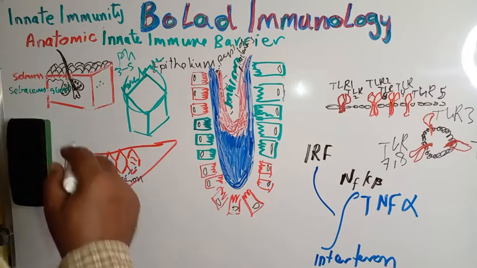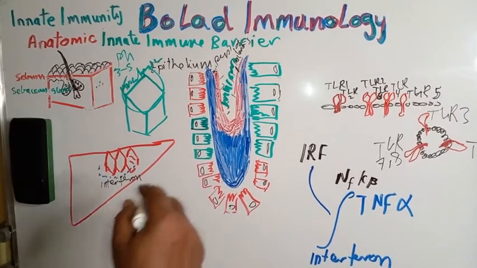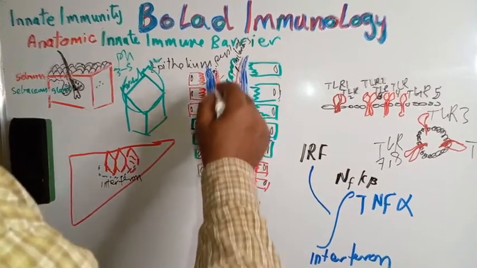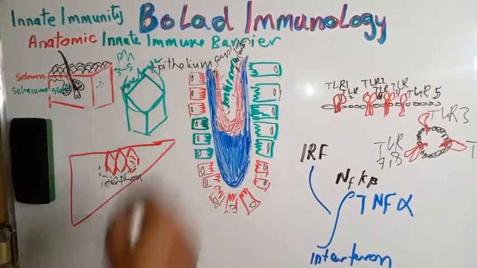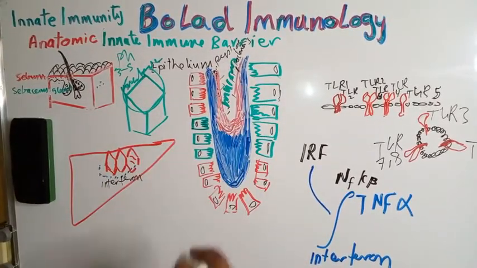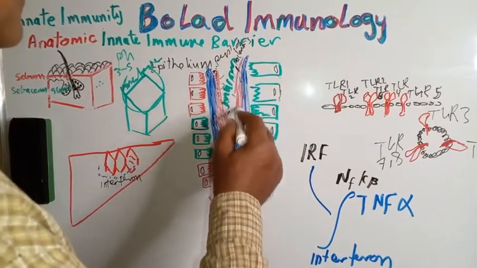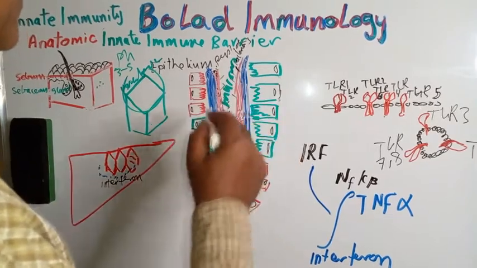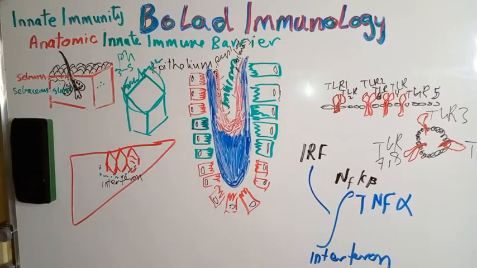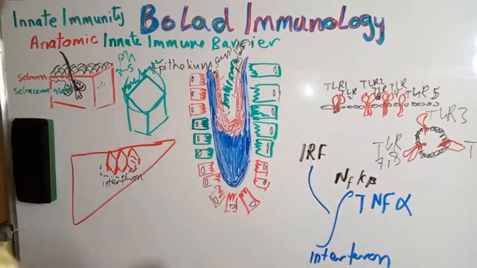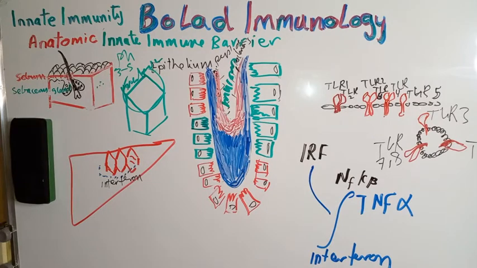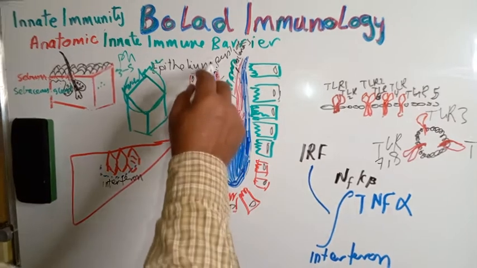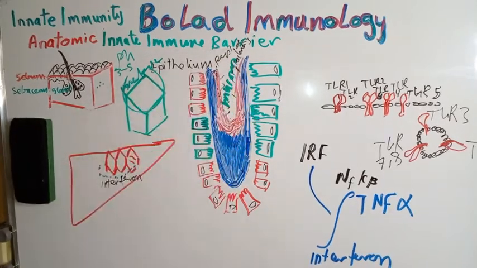And also the anatomic innate immune barrier is composed of the mucus, and the mucus is actually slippery and does not allow microorganisms to enter the body, and it also contains some antimicrobial peptides.